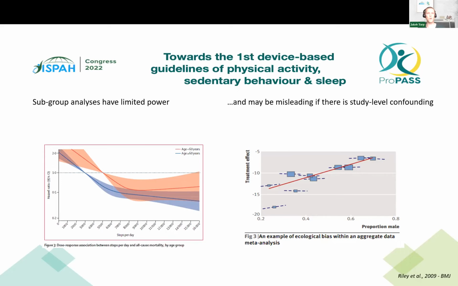But when we pool all the data, we can see that there is a correlation between lower treatment effect with a higher proportion of males in the study, which would suggest heterogeneity. But when this data was reanalyzed based on individual participant data, as in ICAT, there was no such gender heterogeneity in effects. So this would be some kind of ecological bias.